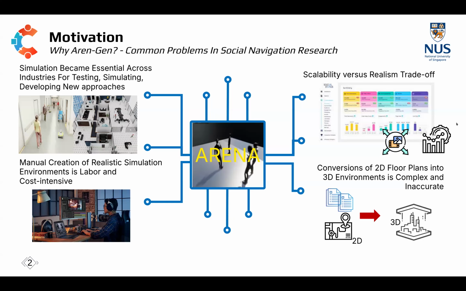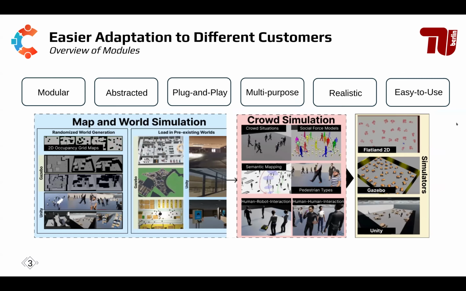Okay, so basically here we can see the modules of the Arena platform. There we go. Basically, we have 3 main modules. The first one is you create your map and the world. Basically, you have randomized world generation.